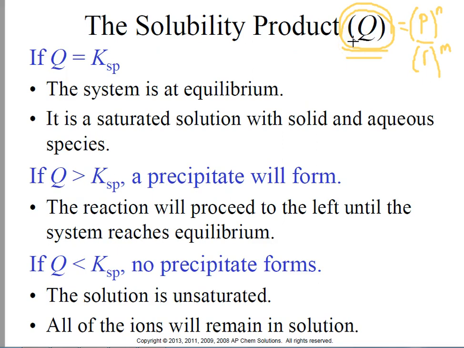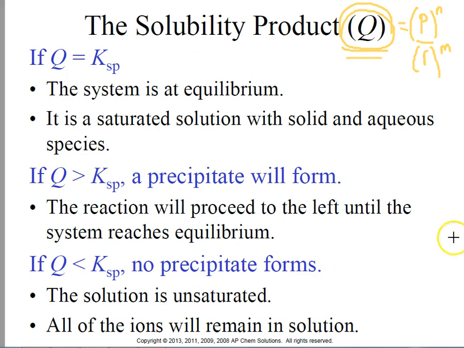And Q is really important when we're talking about dissolving solids because it can tell us something really specific about the situation. And the AP exam people love to ask this question, and they won't necessarily tell you that you need to calculate Q. So we'll have to have a heads up for that.